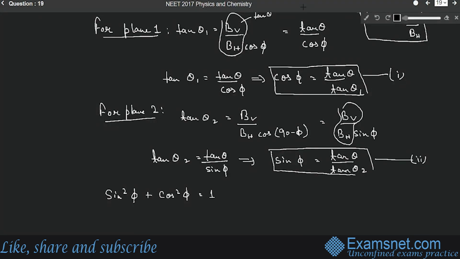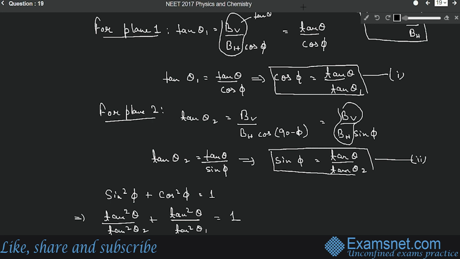If we put in the values, sin phi is equal to tan theta by tan theta 2, so sin square phi will be equal to tan square theta by tan square theta 2, and cos square phi will be equal to tan square theta divided by tan square theta 1. That will be equal to 1 only.